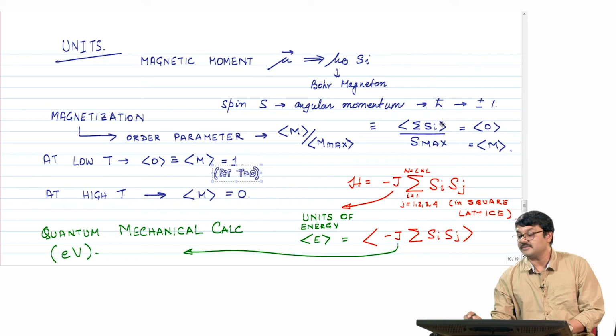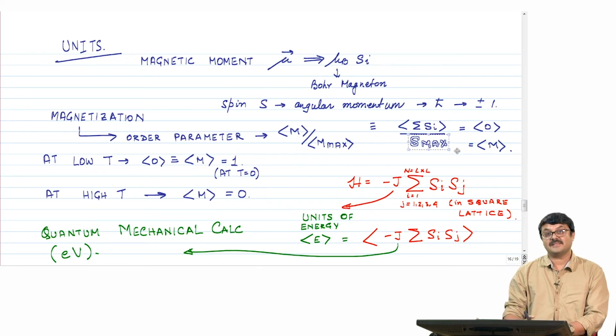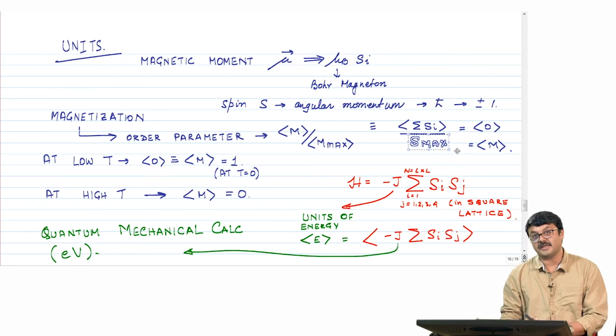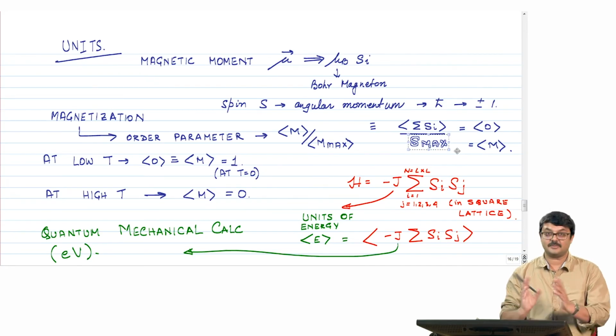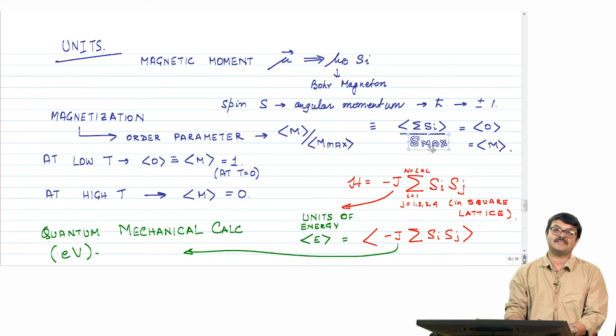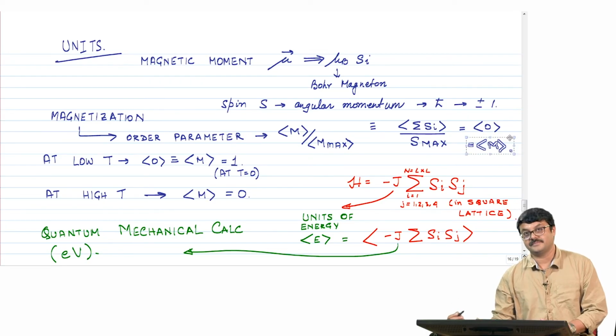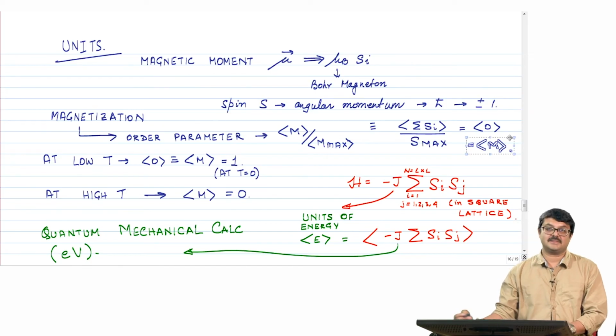And this can be related to the average spin of the system at a particular temperature divided by the maximum spins, if all spins were basically pointing in the same direction, say in the positive direction. So, that would be the S max. So, basically the number of spins on the lattice times plus 1 say, and we use this normalized quantity as the order parameter to calculate the statistical physics, right.